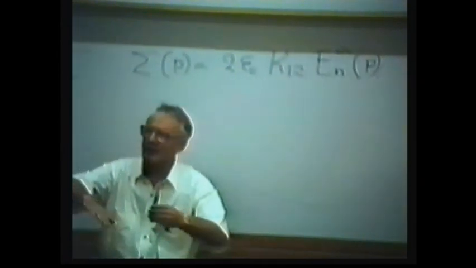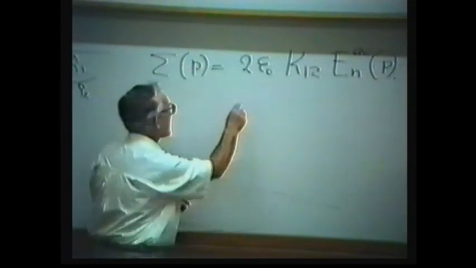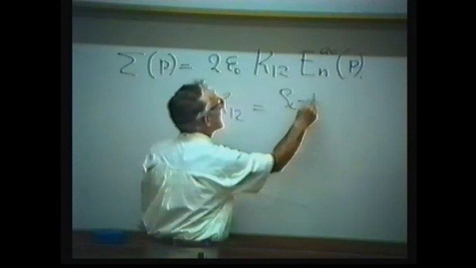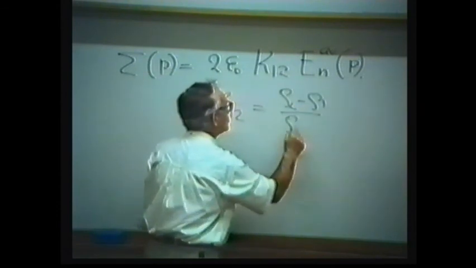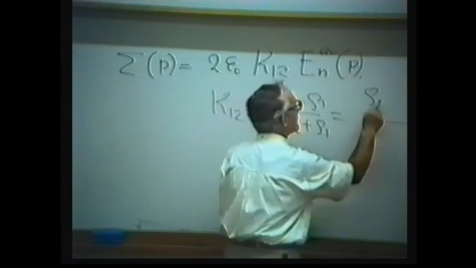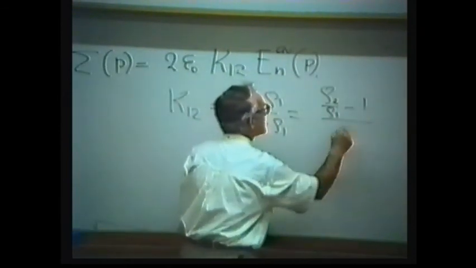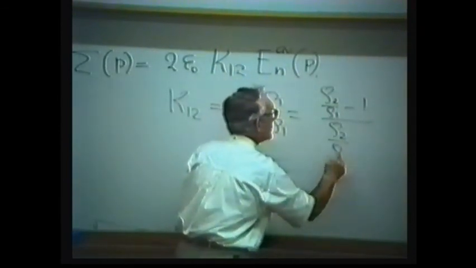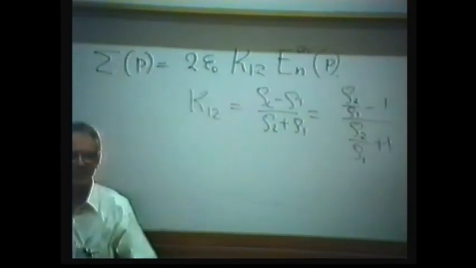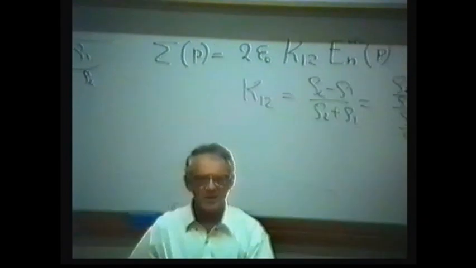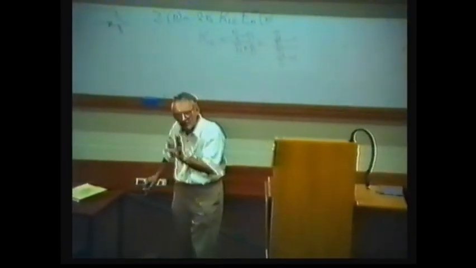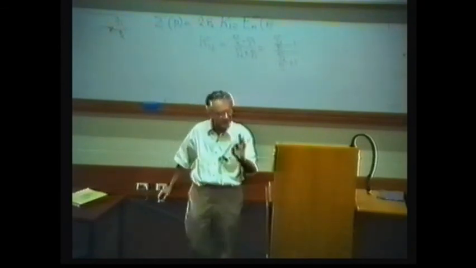And now I will work around this equation, where K12 is equal to ρ2 minus ρ1 over ρ2 plus ρ1, or, since I need it, I will present it in the following lovely form. And let us discuss it. There will be examples, and then we approach for the first time some very fundamental problems of electroprospecting.